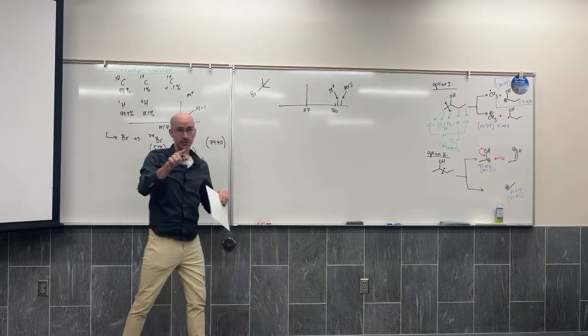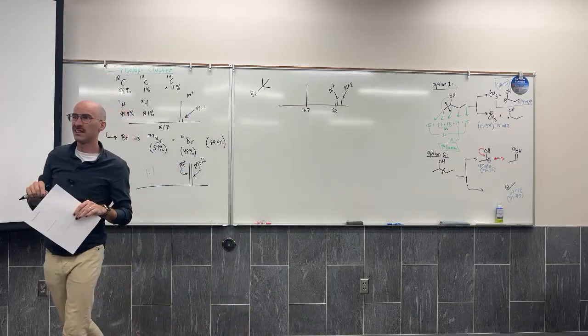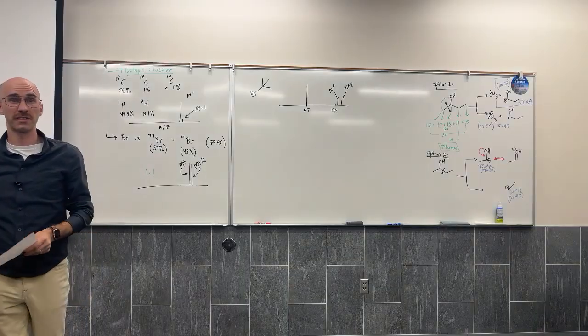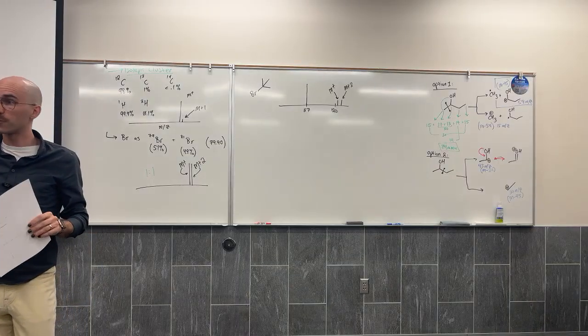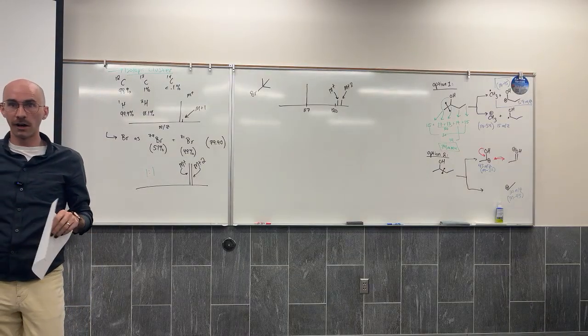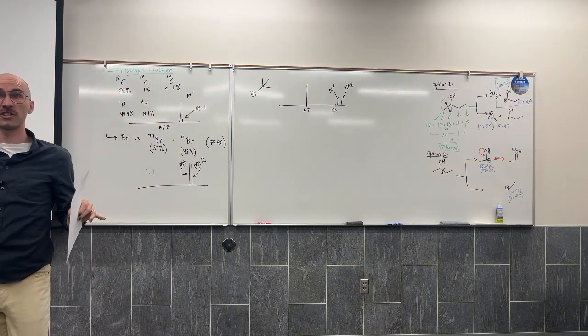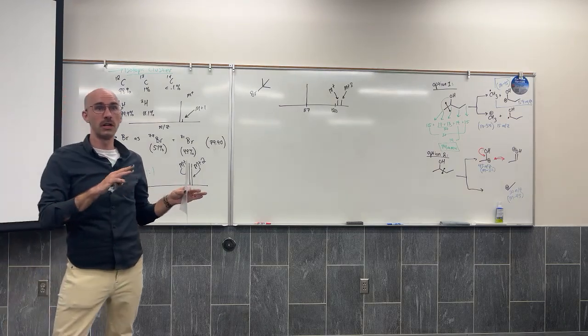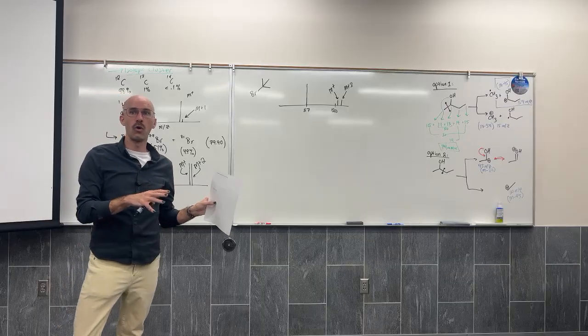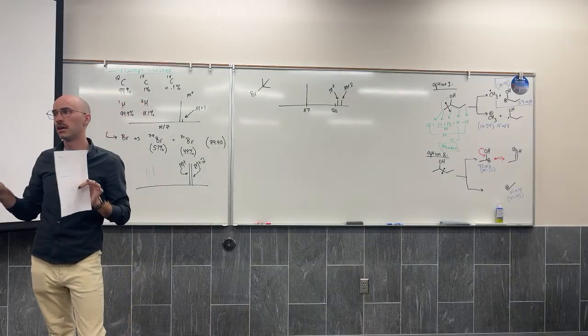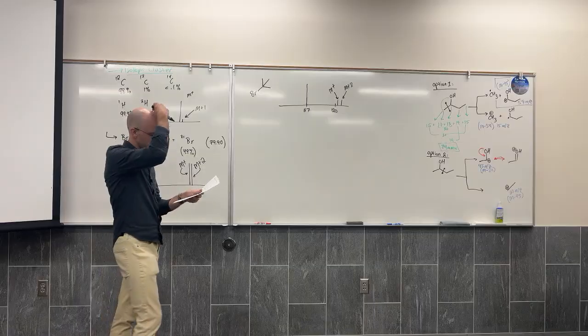Which is actually a structure on your correlation table. By the way, I don't give you that correlation table on the midterm because I just don't find it useful. But on there, 57 could correspond to 2 different things. It could correspond to a tert-butyl carbon cation, or it could correspond to a carbonyl cation.